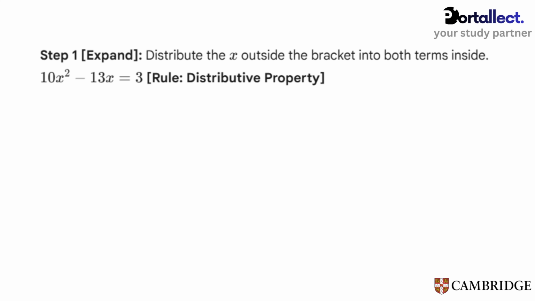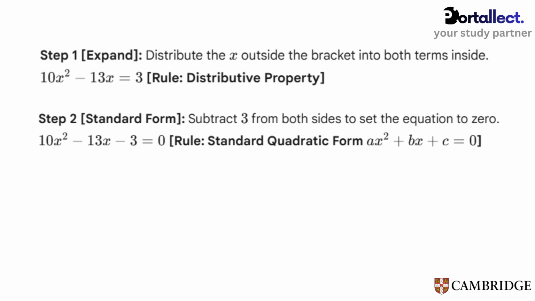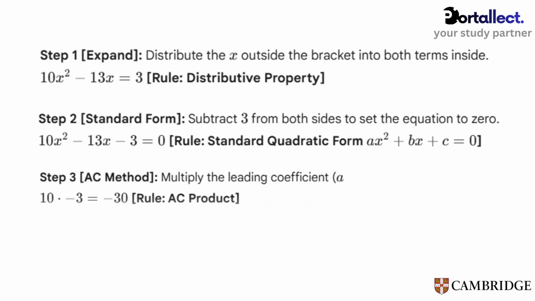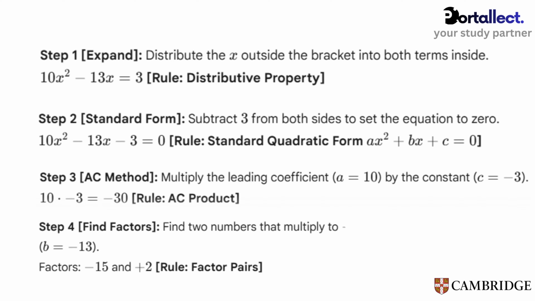Now, using the AC method, we multiply the leading coefficient 10 by the constant negative 3 to get negative 30. We are looking for two numbers that multiply to negative 30 and add up to our middle coefficient, negative 13. Those numbers are negative 15 and positive 2.